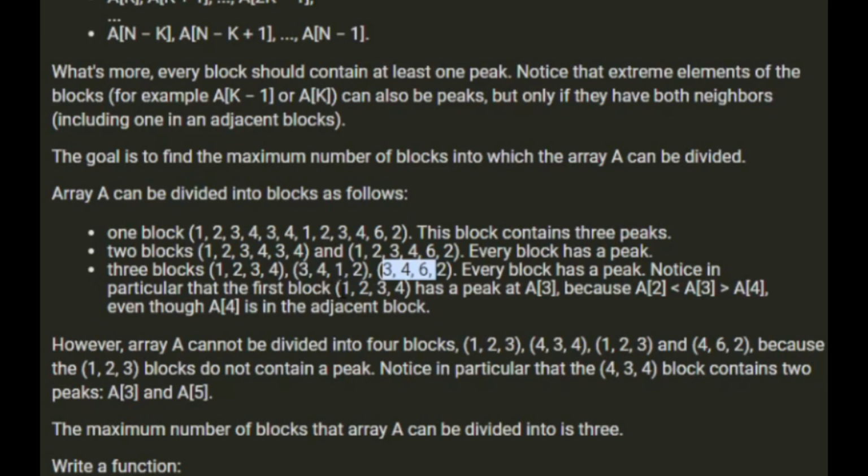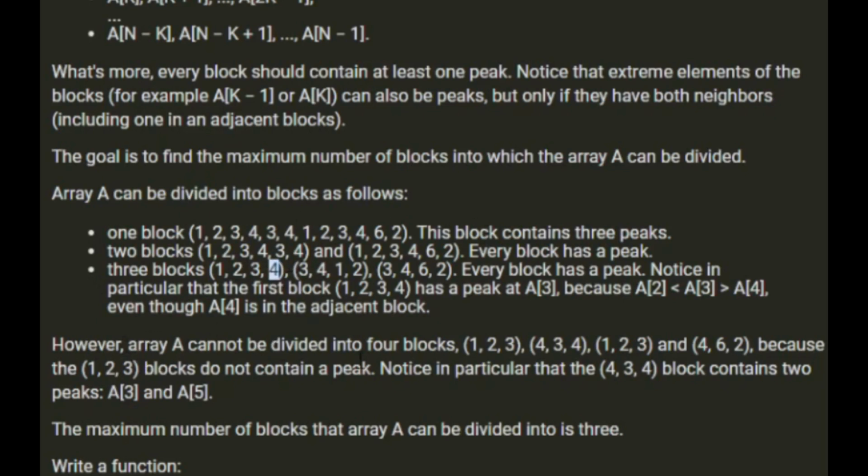Notice in the first block 1, 2, 3, 4 has a peak. Okay, so this is meaning that this is a peak in the set, and we're looking for blocks that contain a peak in the entire set. It doesn't necessarily have to be a peak in that block.